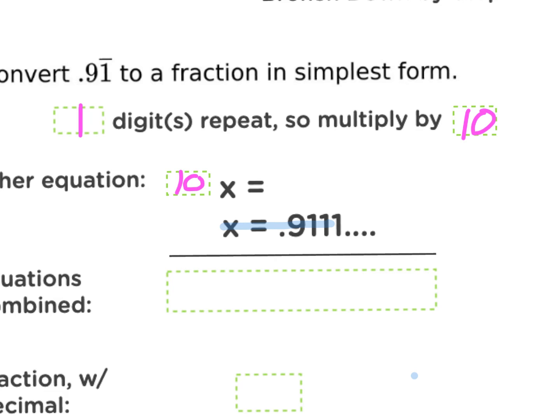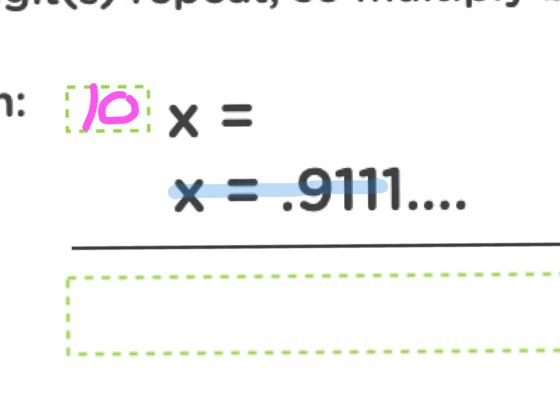And you guys know, which is awesome, Miss V really killed it with you guys last year, if you multiply a decimal by 10, what's going to happen to the decimal? It's going to move over 1 spot, right? So your new equation that goes on top of the old equation is going to be not 0.9, but 9 point, because that decimal is going to move over 1 place.